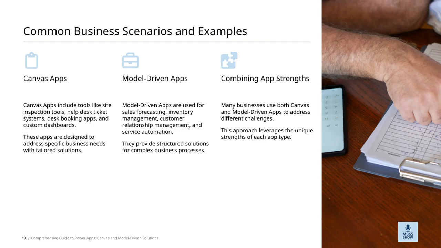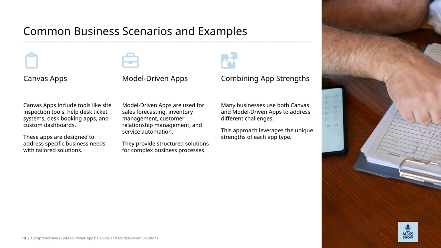When we look at model-driven apps, they are often used for things like sales forecasting, managing inventory, customer relationship management, and automating service processes. They are great because they provide structured, robust solutions for complex business workflows. On the other hand, Canvas apps are more focused on specific needs, such as site inspections, help desk ticketing systems, desk booking applications, and custom dashboards.